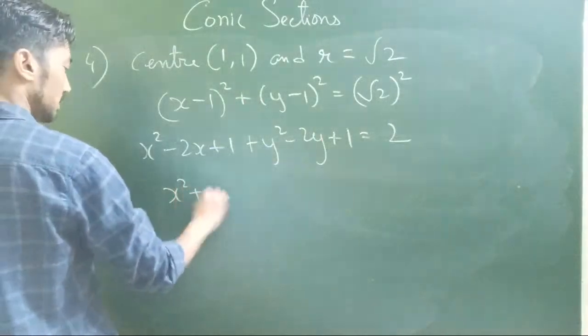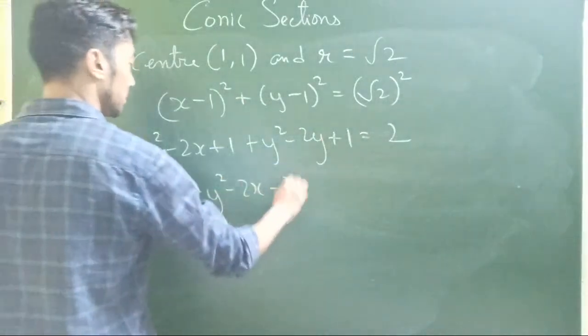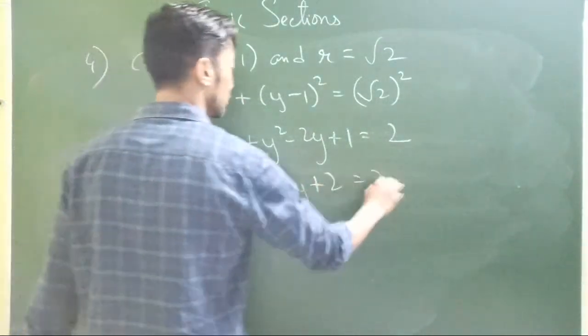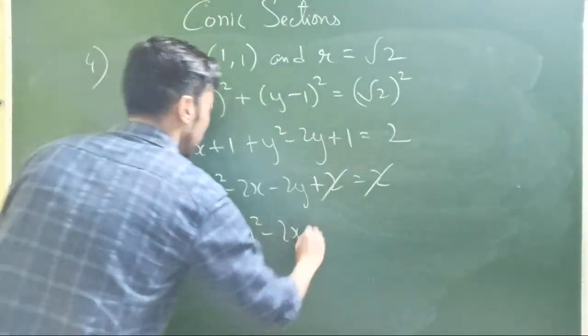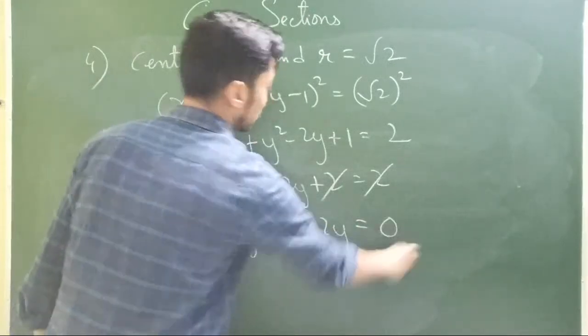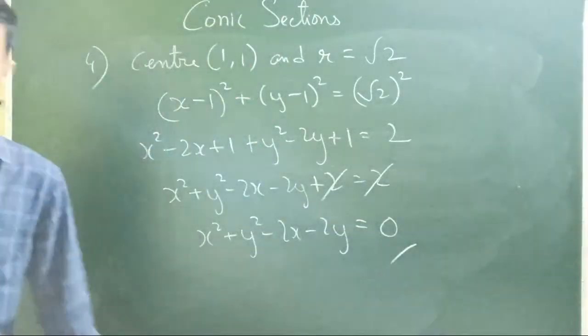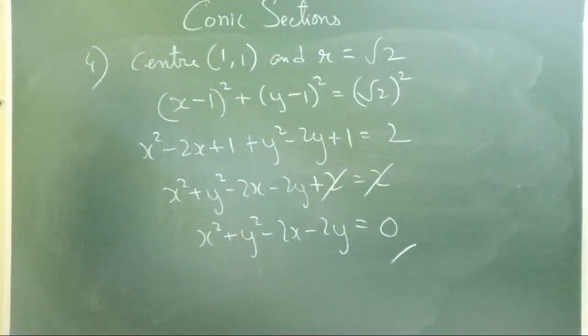So x square plus y square minus 2x minus 2y plus 2 equals 2, which gives x square plus y square minus 2x minus 2y equals 0. Simple equation. Those are done.